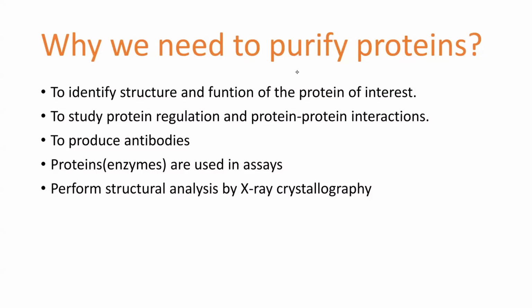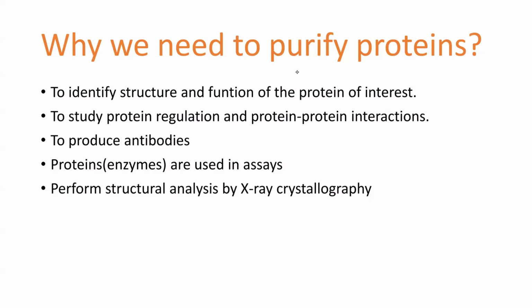We have some proteins that are linear, some are twisted, and some have different functions. So maybe you have a target protein and you want to know how that protein looks and what its functions are. So you have to isolate it. That is one reason for purification of proteins.